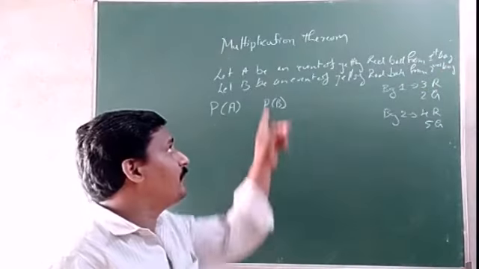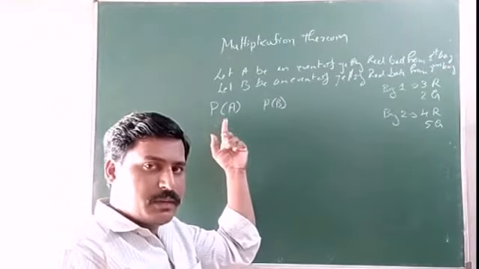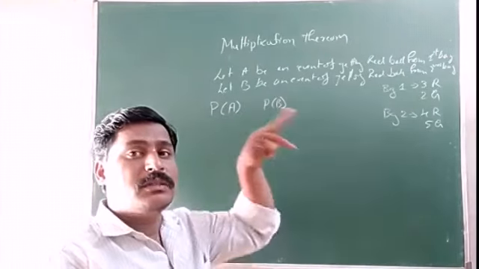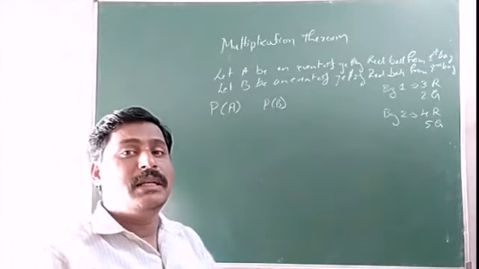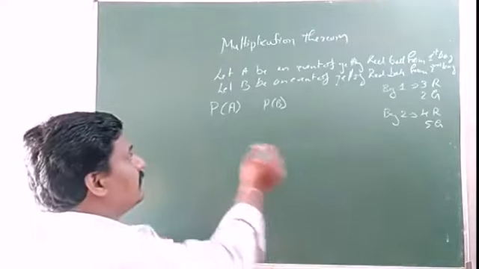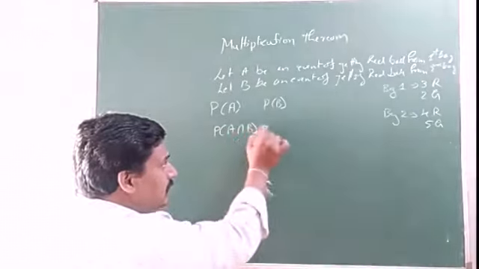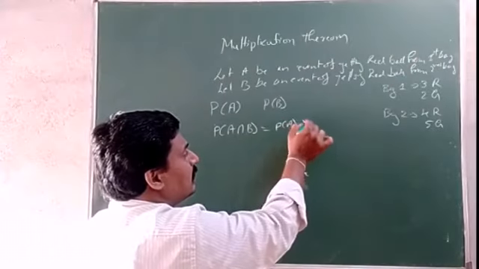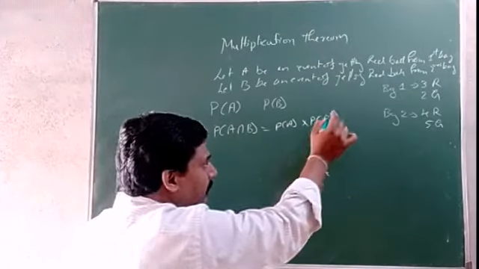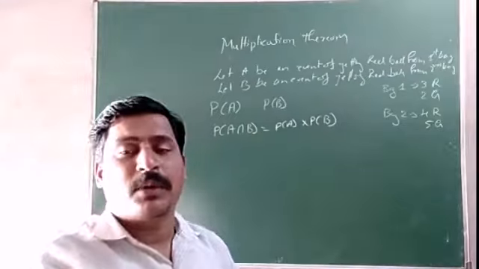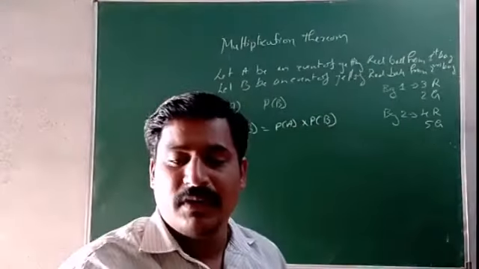So P of A, red ball from the first bag, P of B, red ball from the second bag. So the simultaneous occurrence of both events, P of A intersection B, is equal to P of A into P of B.